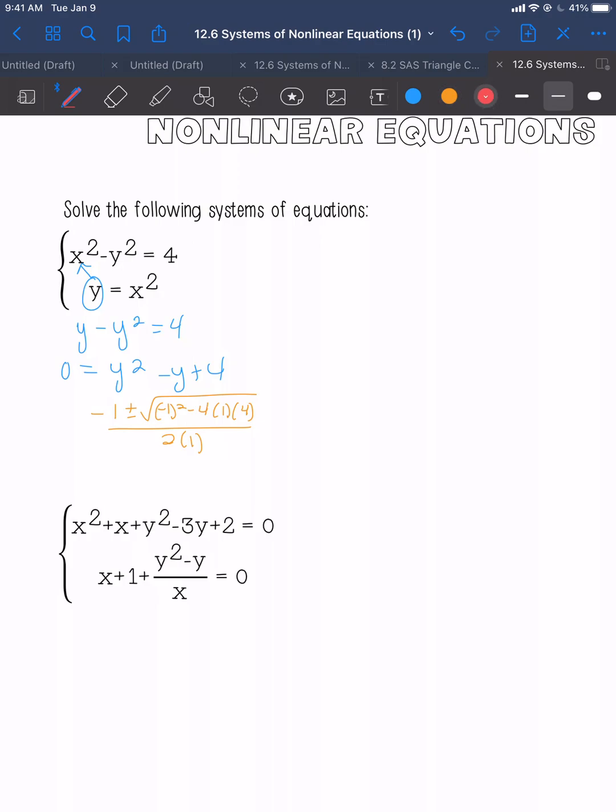Now remember, the discriminant will tell us how many real solutions there are. So underneath there, we get negative 1 squared, which is 1, minus 16, that's negative 15. Because it's a negative square root, there's going to be no real solutions here. So the system is inconsistent.